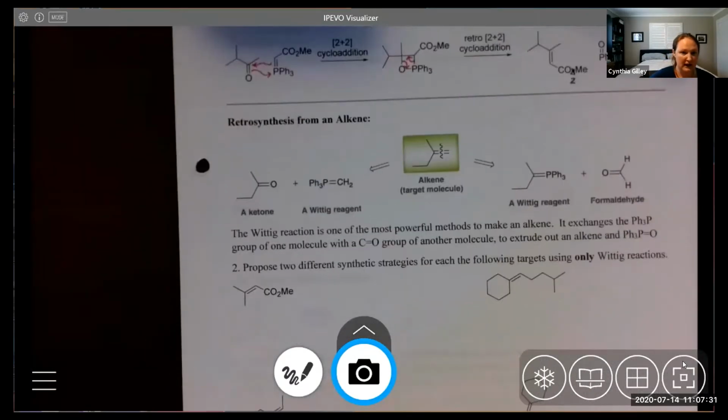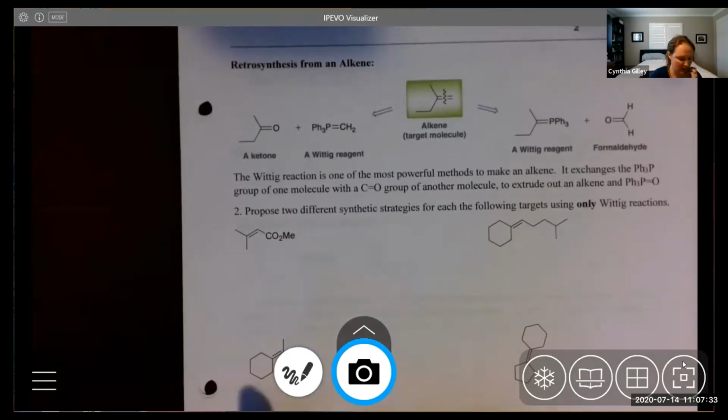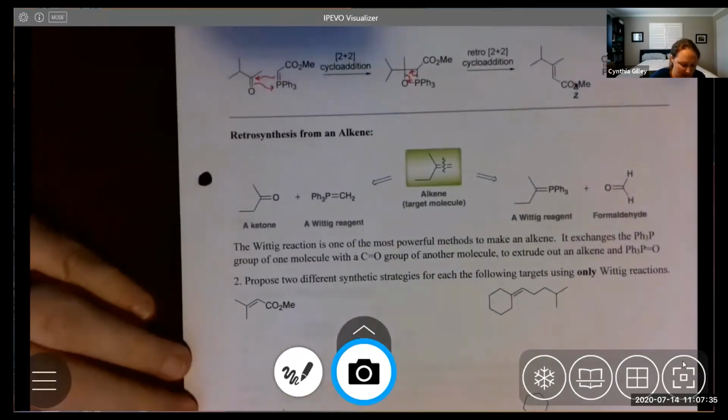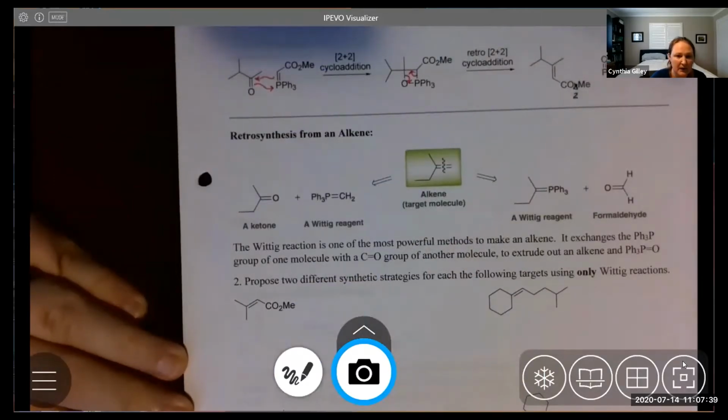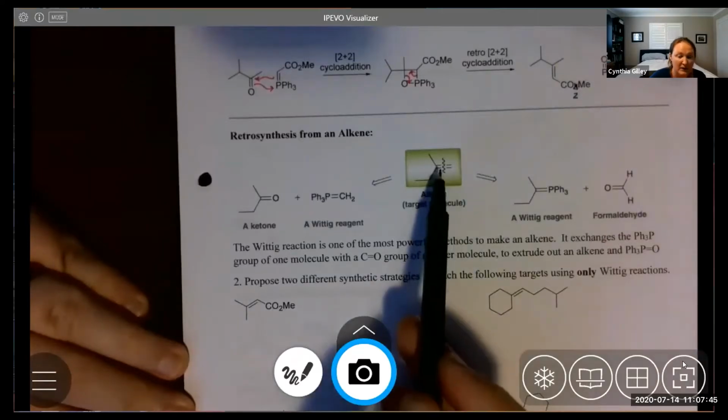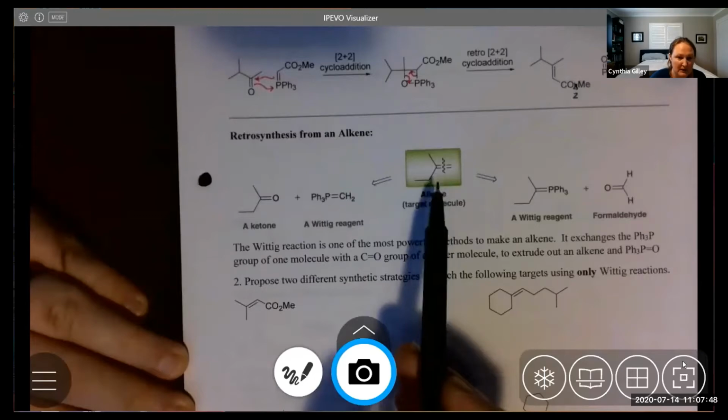Looking at the reaction, whenever you see an alkene and are thinking about synthetically making it through a Wittig reaction, you can disconnect it two different ways. One side will be the carbonyl, and the other side will be the ylide.